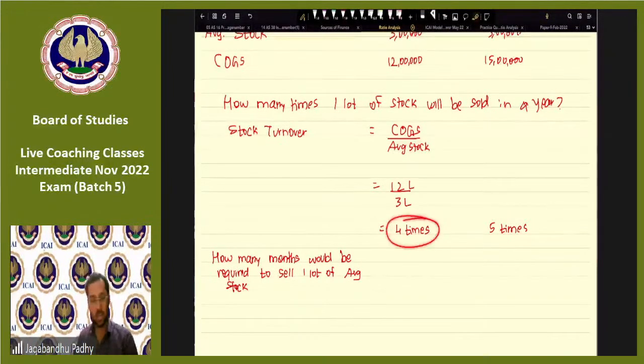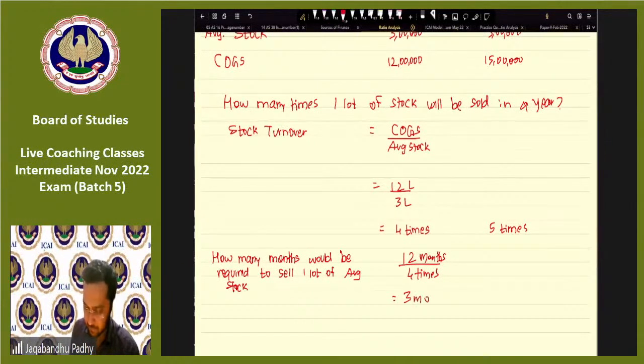See, in a year, you are selling 4 times. Now, in a year, we have 12 months. And in that 12 months, you're going to sell 4 times. So one time will be like 3 months.